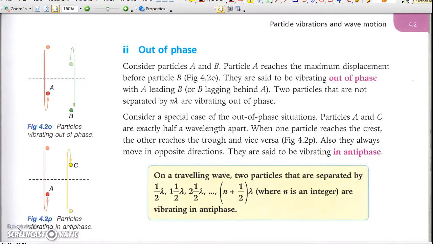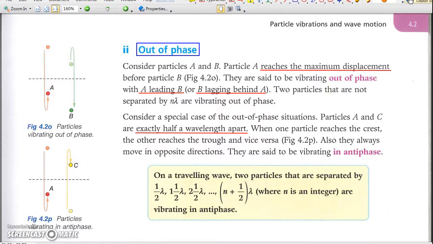2. Out of phase. A and B are vibrating out of phase, simply because they are not in phase. In particular, A is leading B in vibration because A reaches the maximum displacement before B does. A and C are also vibrating out of phase, and when A moves up, C moves down.